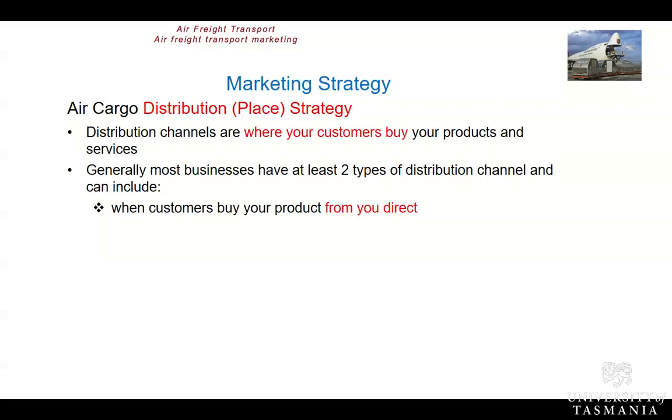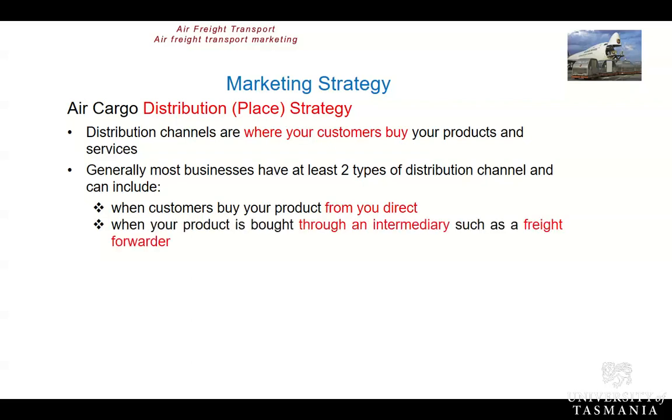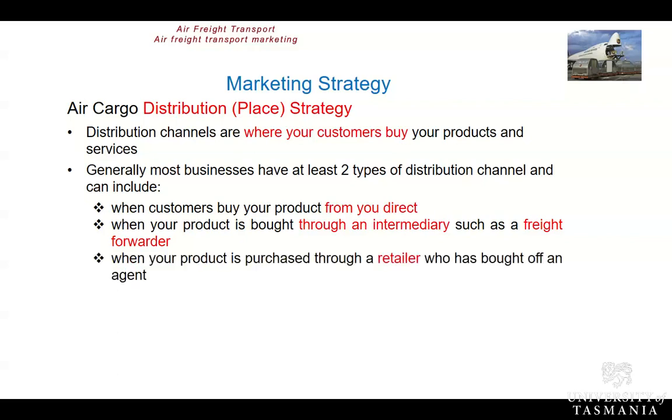The other option is that they do it through an intermediary, such as a freight forwarder. So those are the two main mechanisms that you would probably find all-cargo carriers have in terms of distribution. Or perhaps you might have a retailer in place, just depending on what the marketing channel is.